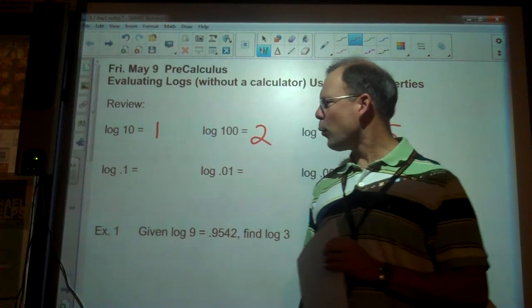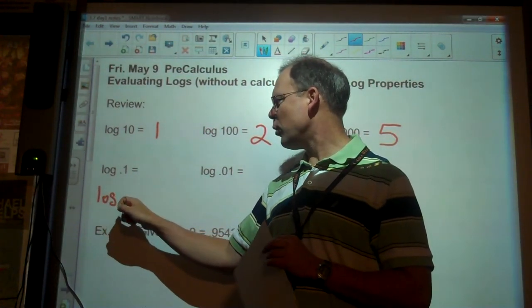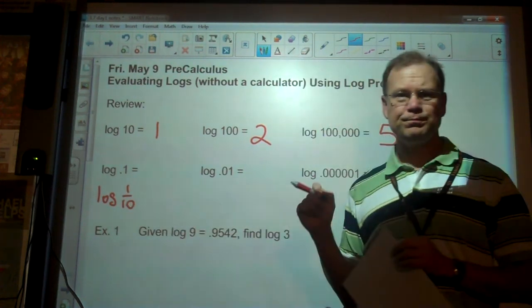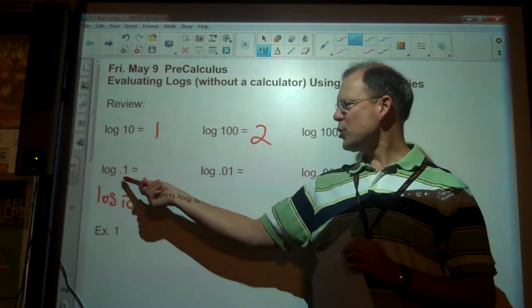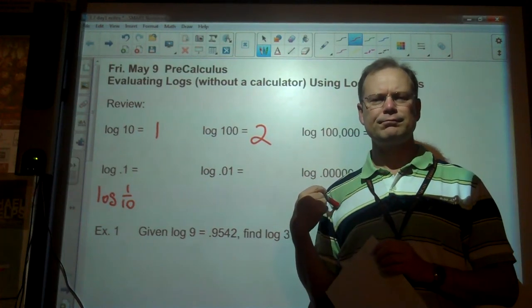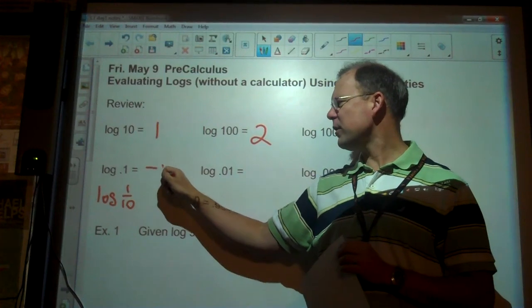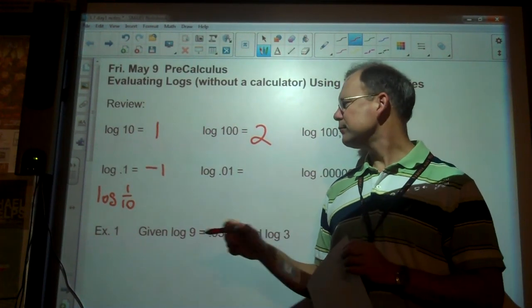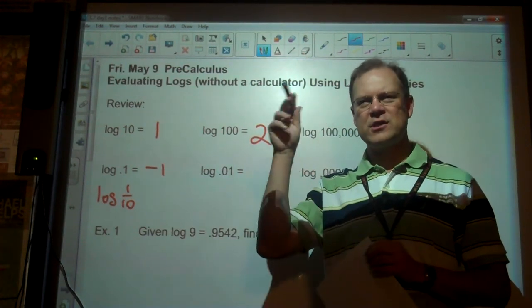So the log of 0.1, so 0.1 is 1 over 10 as a fraction. So 10 to what power is 1 over 10? Did you come up with negative 1? Because 10 to the negative 1 is 1 over 10 to the first.